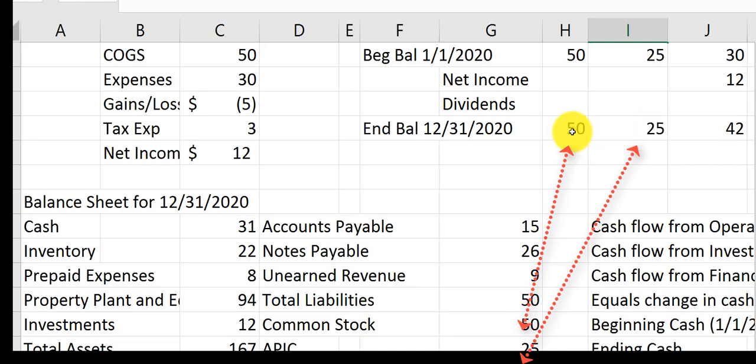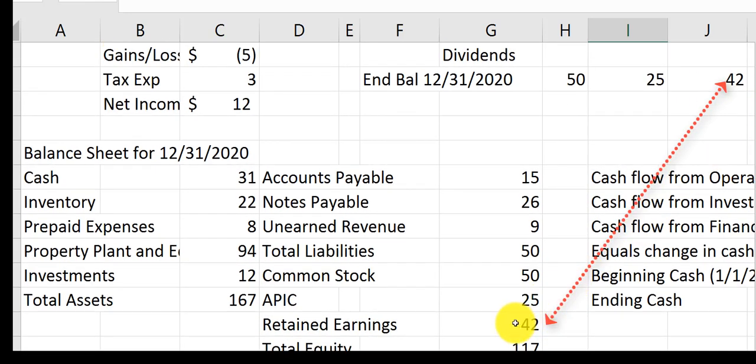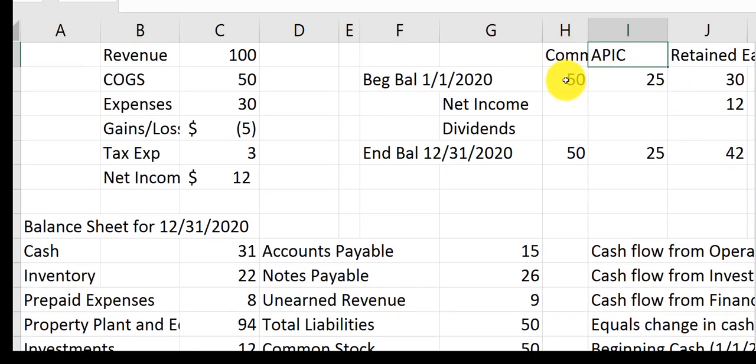Up here, this 50 comes down here, common stock or capital stock, okay? Additional paid-in capital comes there, and the retained earnings, which is the one thing that's going to change, most likely 42, that's the ending. So where did these beginning they came from the balance sheet from the year before.